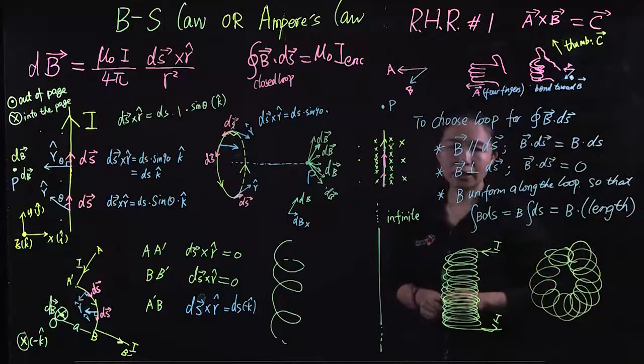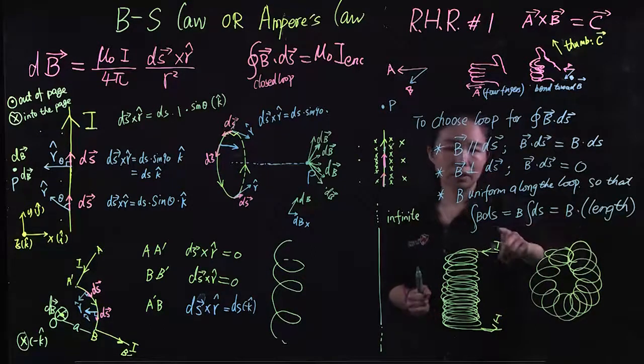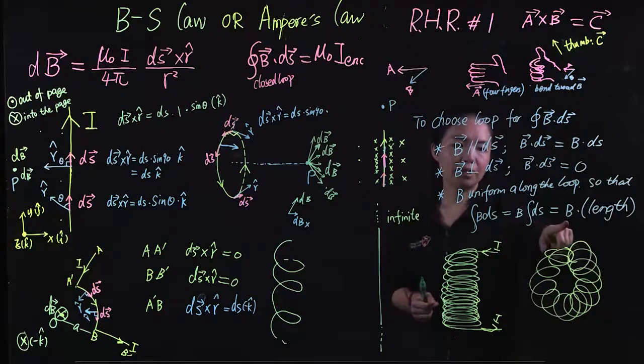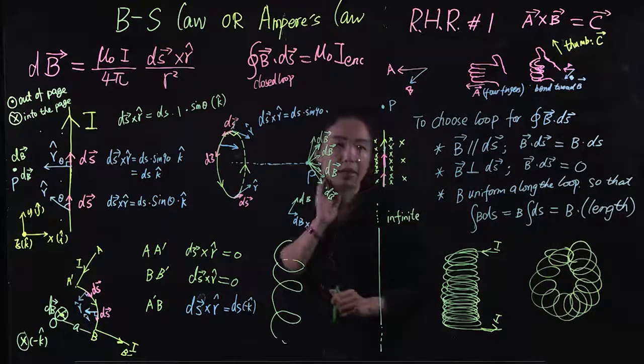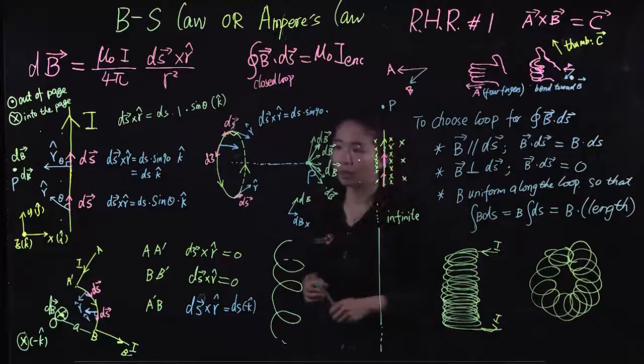And we also would like to choose a loop so that along the loop, the B field is uniform. So when we do this integration, the B field is constant, and we can take B out of the integration. It becomes simply the B value multiplied by the integral of a small amount of distance along the loop, which becomes finally the total length. And this can greatly simplify Ampere's law and make it really useful for calculation.